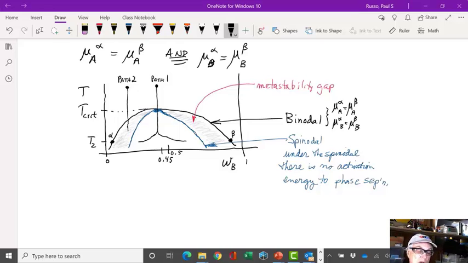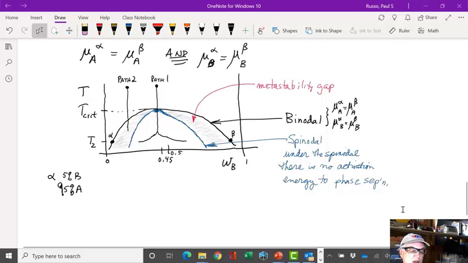But just as a reminder, the alpha phase looks like, as I've drawn it here, maybe 5% of B and 95% of A. This is drawn a little differently than the previous one was. That's okay. And then the beta phase looks like, in this case, 90% B and 10% A. All this is by mass.